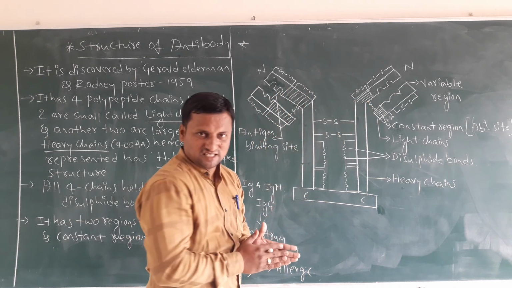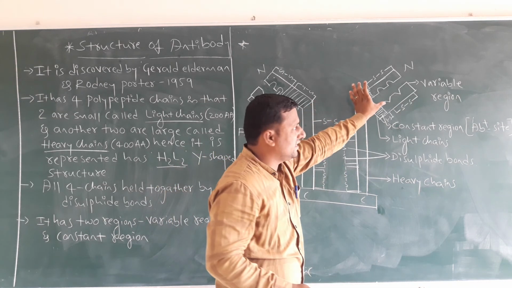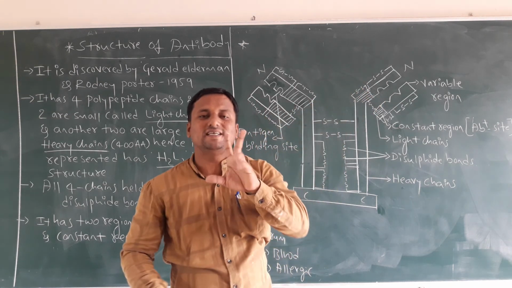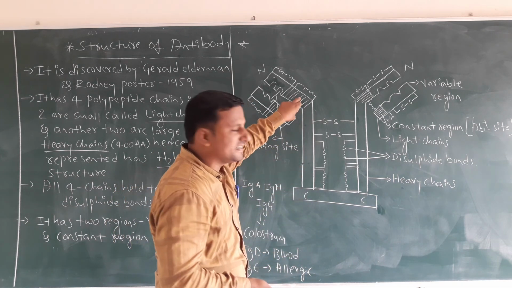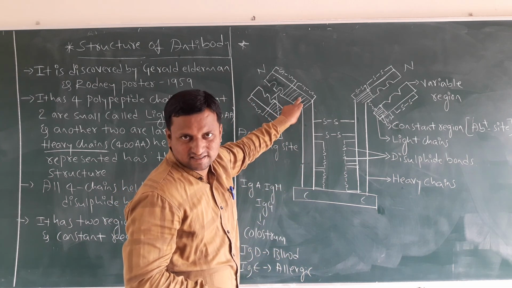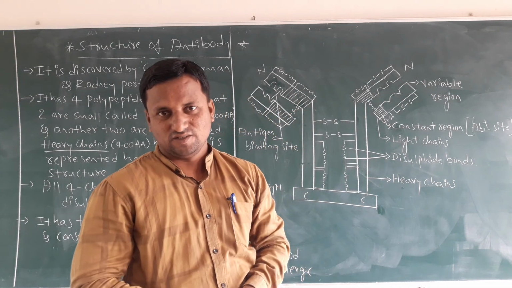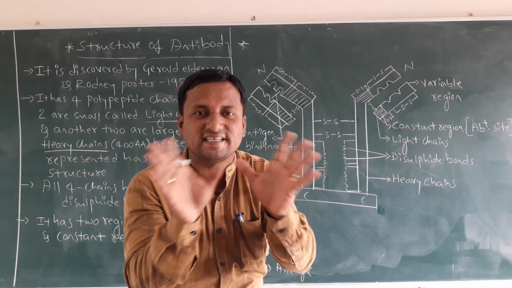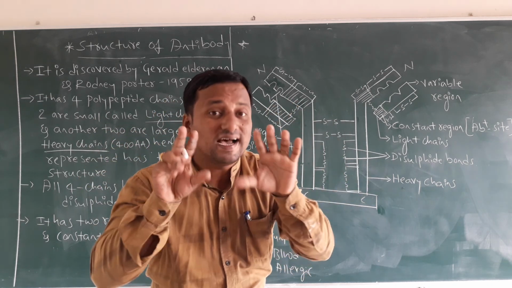Next important aspect is that in these chains there are two regions. One is the constant region and another is the variable region. Two regions, meaning spaces, where a molecule is going to attach.